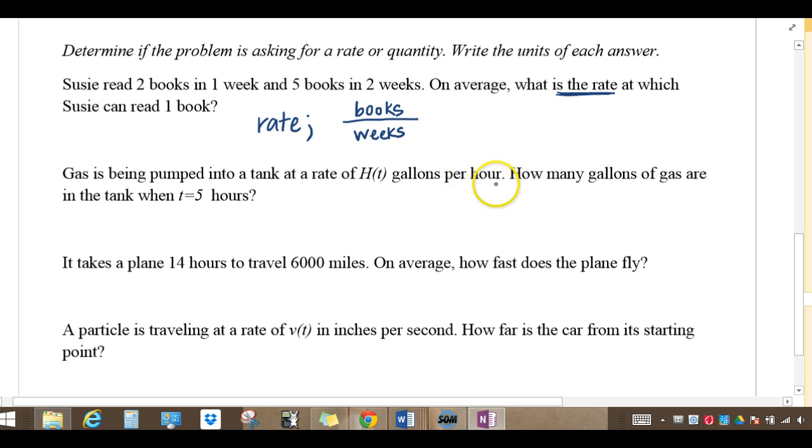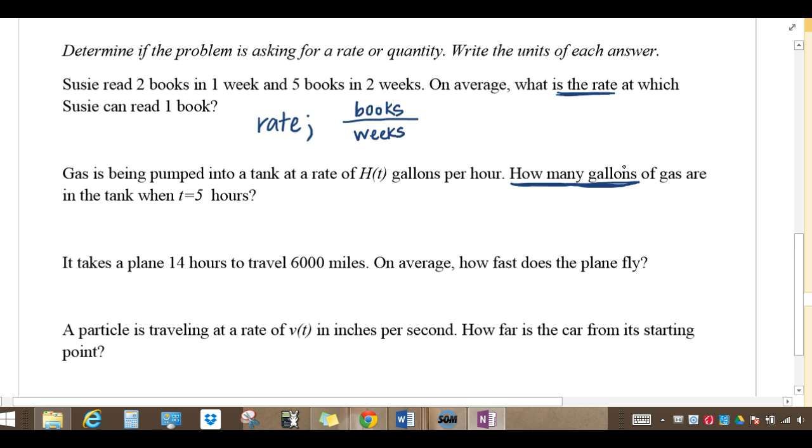Now let's look at what the problem is asking us for. How many gallons of gas are in the tank when t equals 5 hours? I'm being asked how many gallons. That's the key part that I'm trying to answer. This is where understanding rates comes into play.